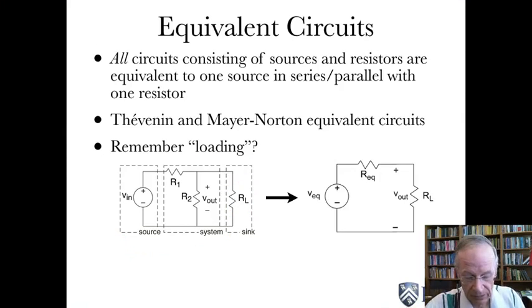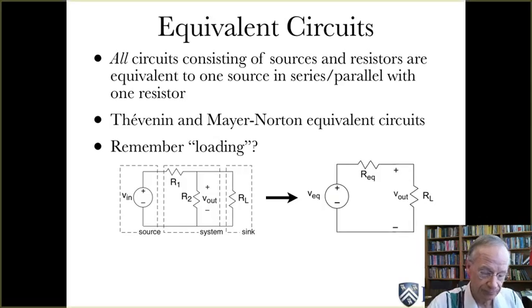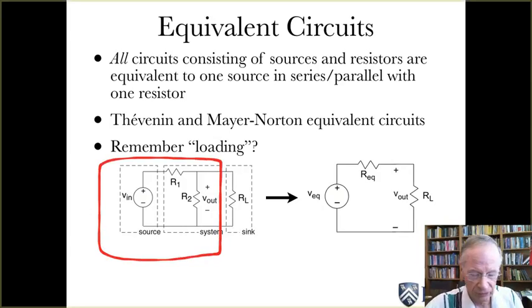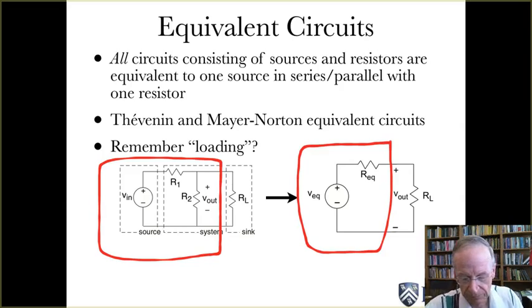Well, we now know that our system looks like this, which is, I'm going to use the Thevenin equivalent because I have voltage that's the output, and the voltage I want is across RL. Well, what is V out for this really simple circuit?